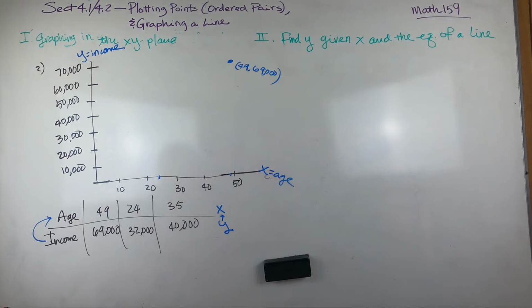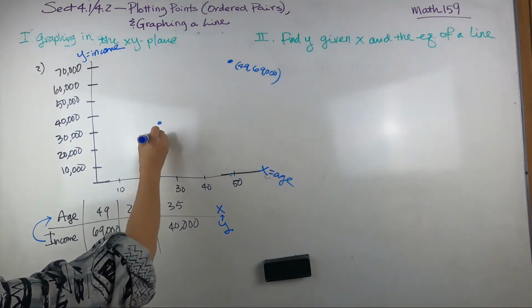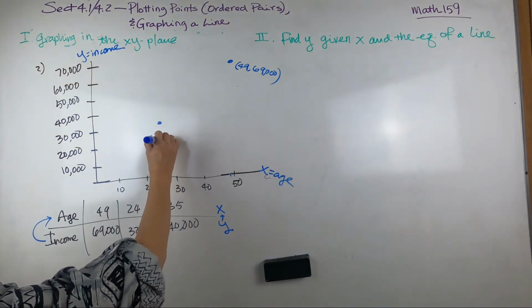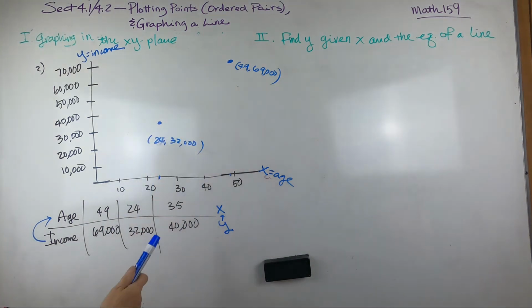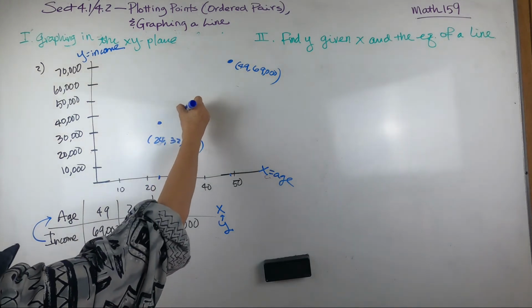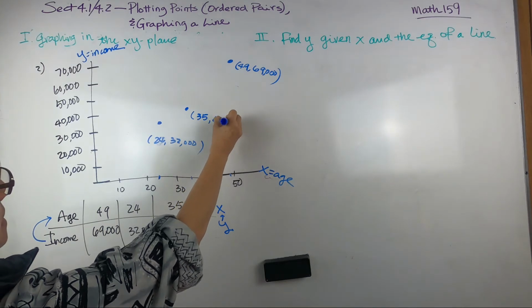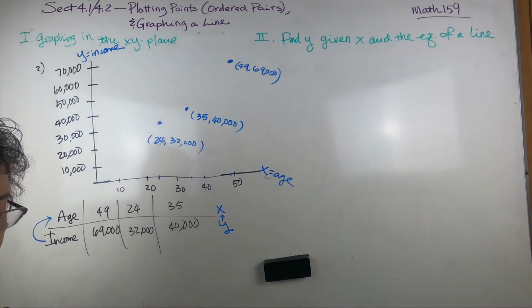So that would be (24, 32,000), a little bit more here. Right? Next one, 35, 40,000. So if you are 35 years old, you will make $40,000. So (35, 40,000). That's how you graph your points on the XY plane.